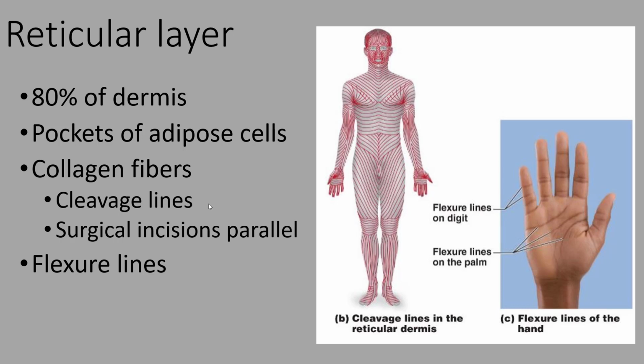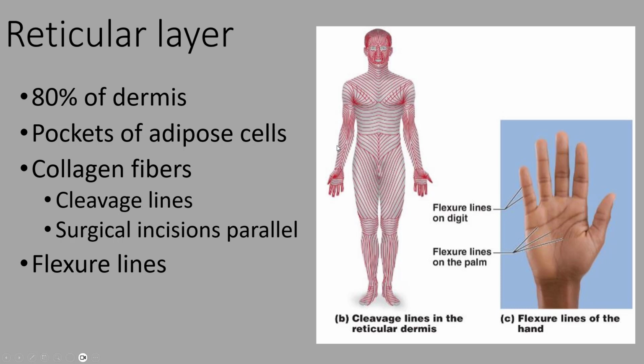The dermis is primarily collagen fibers, and those fibers are clustered together in bundles. And while they do run all different directions, the bundles tend to run roughly parallel to each other. And that's what these red lines are. These are called cleavage lines. You can't see them just by looking at someone.